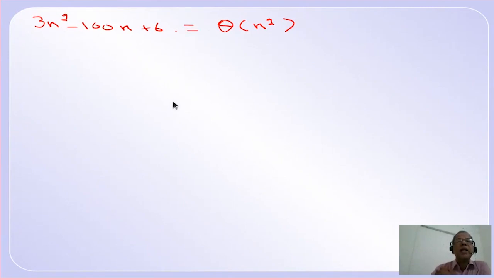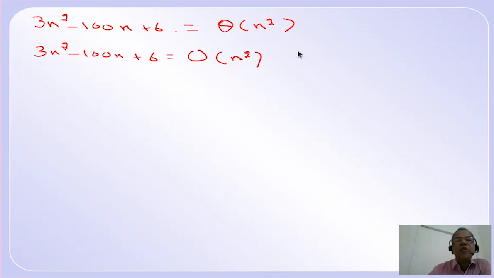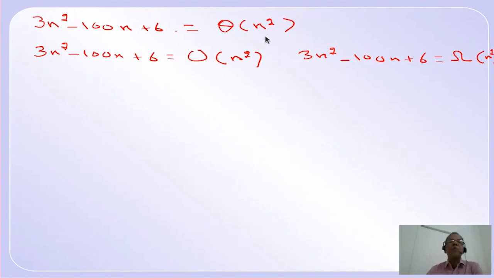These typical examples you may be asked in the test. You have to prove 3n squared minus 100n plus 6 is equal to big O of n squared. You should also prove 3n squared minus 100n plus 6 is equal to big omega of n squared. Only then you have proved that it is big theta of n squared.